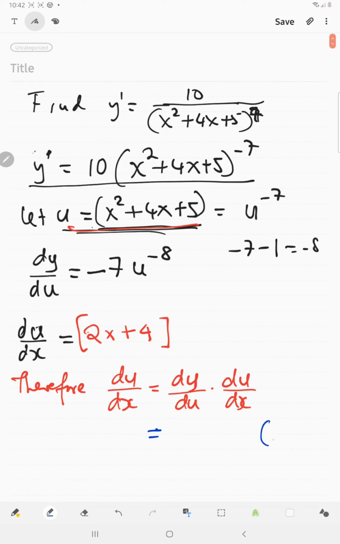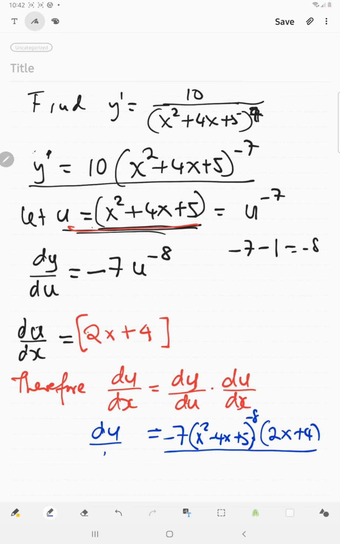This one, 2x plus 4, is du/dx, and then the negative 7, you put a bracket, you bring back negative 4x plus 5 to the power negative 8. So this is the value for dy/dx. That's the way we normally do that.